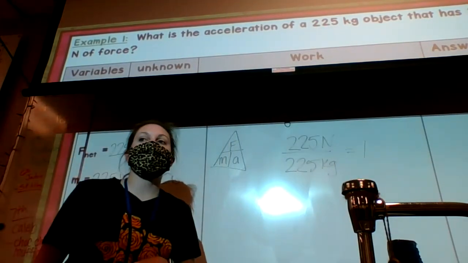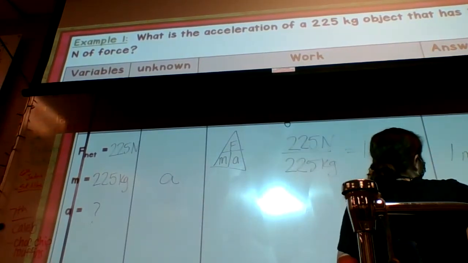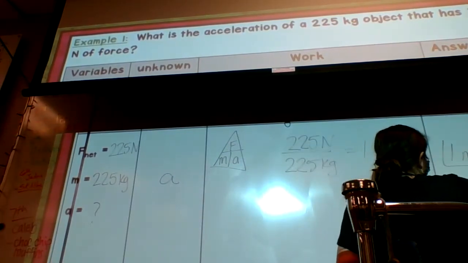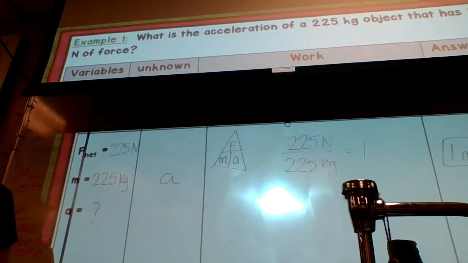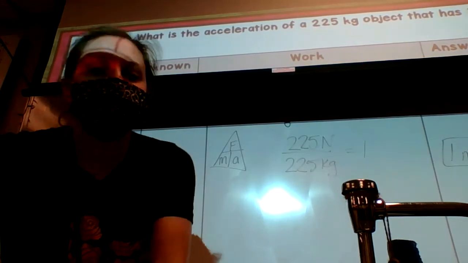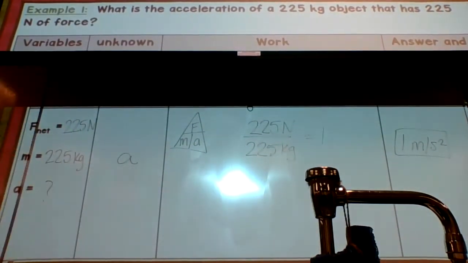So I'm going to have an acceleration of 1 meter per second squared, because acceleration is measured in meters per second squared. How's this going for us so far? Good, I hope so.